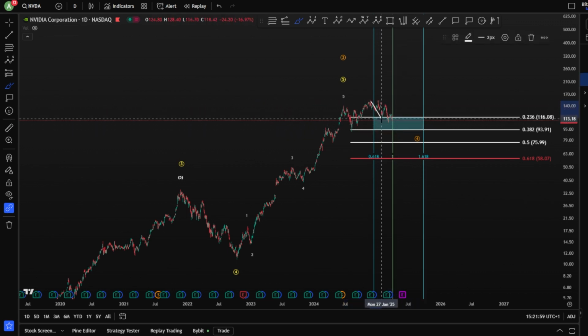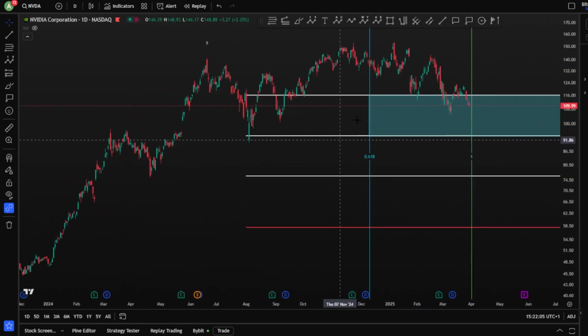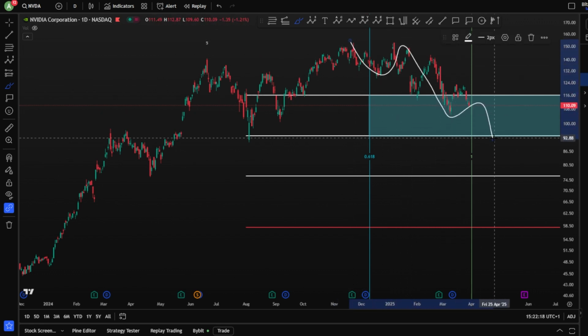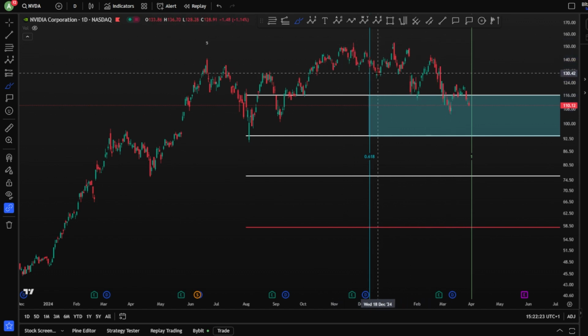Now, in case that this is an ending diagonal, what are the potentials for an ending diagonal here? Of course, you need a zigzag first, and obviously this high has been taken here. So this one is higher than here. Therefore, it's a little bit hard to call it an ending diagonal here. Something else definitely is unfolding in a complex structure.